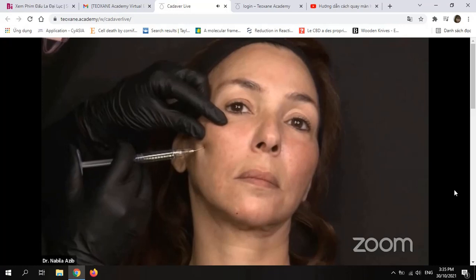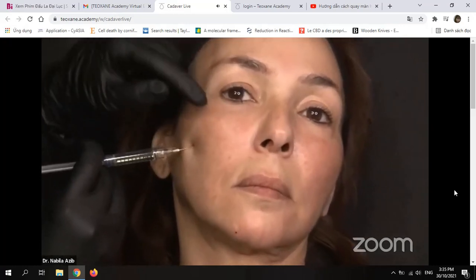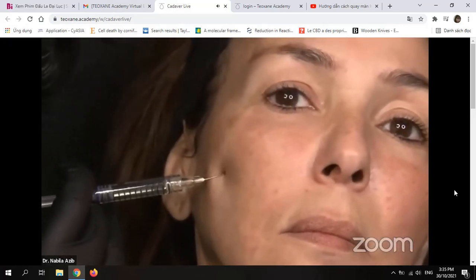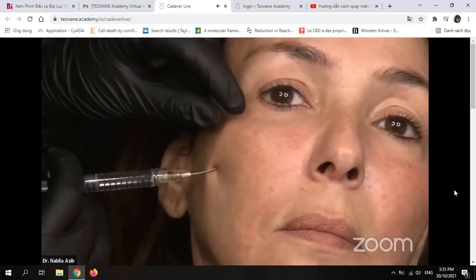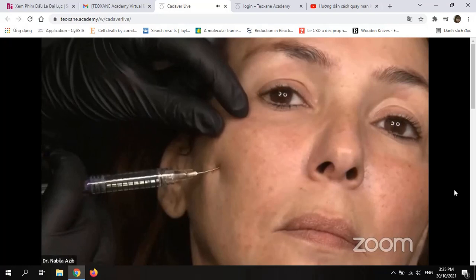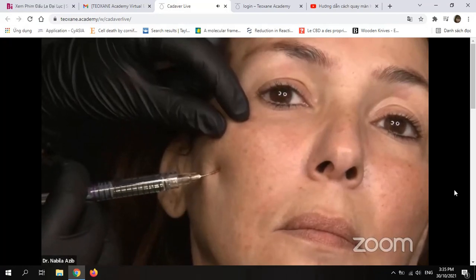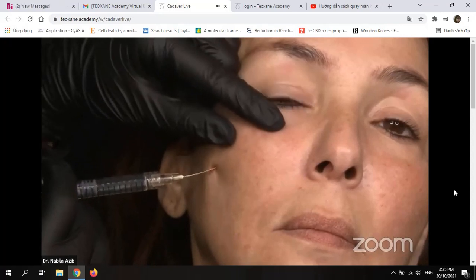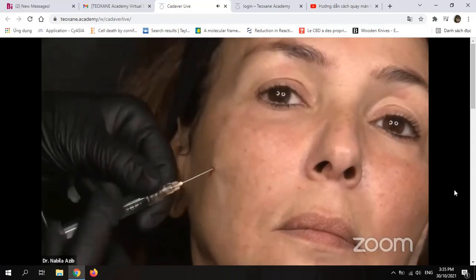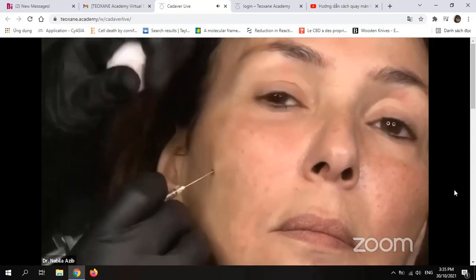Zoom, please. And you can see already the lifting effect that I have with 0.2 ml of Teosyal Ultra Deep in this medial SOOF. Here, 0.3 ml in total. So I don't go out with my cannula.